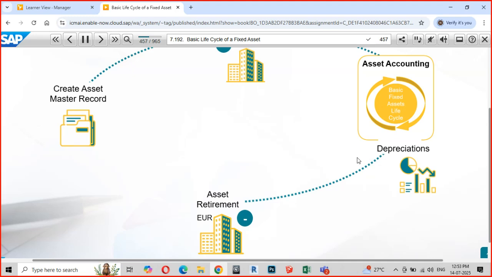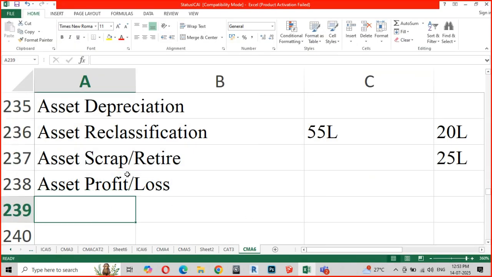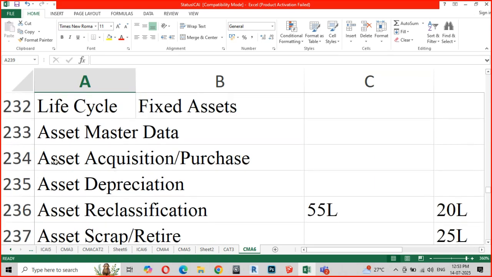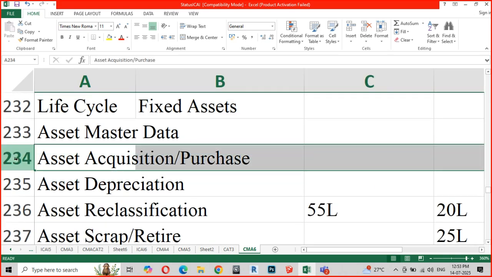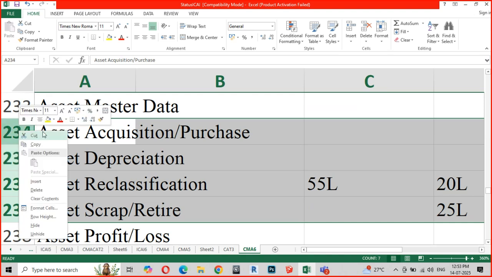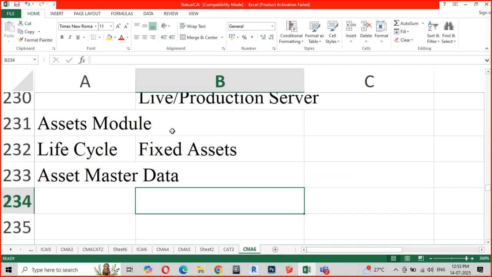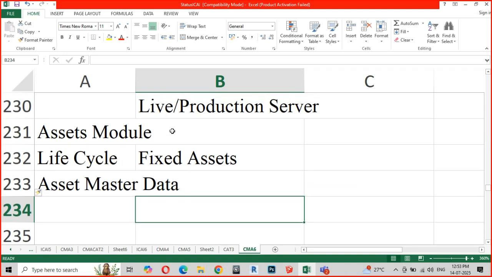Now, let me go back. If you see the fixed assets, I said you create the master data, correct? You classified your general ledger accounts by means of account groups, correct?